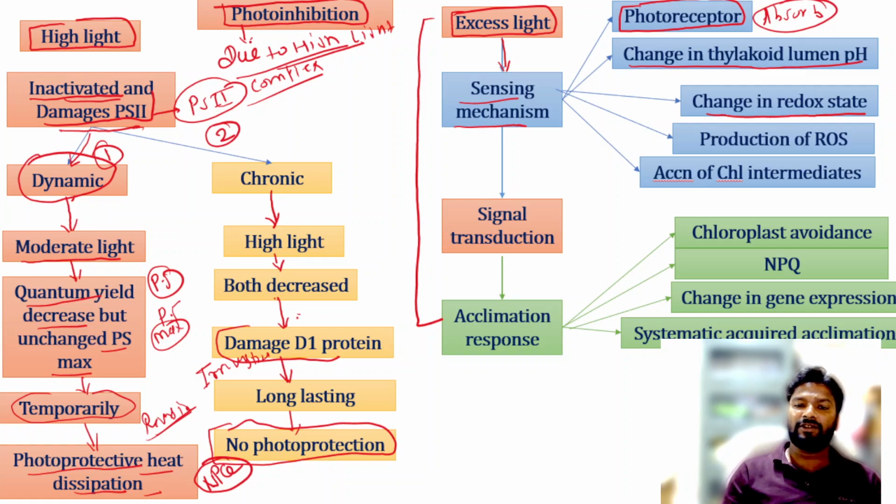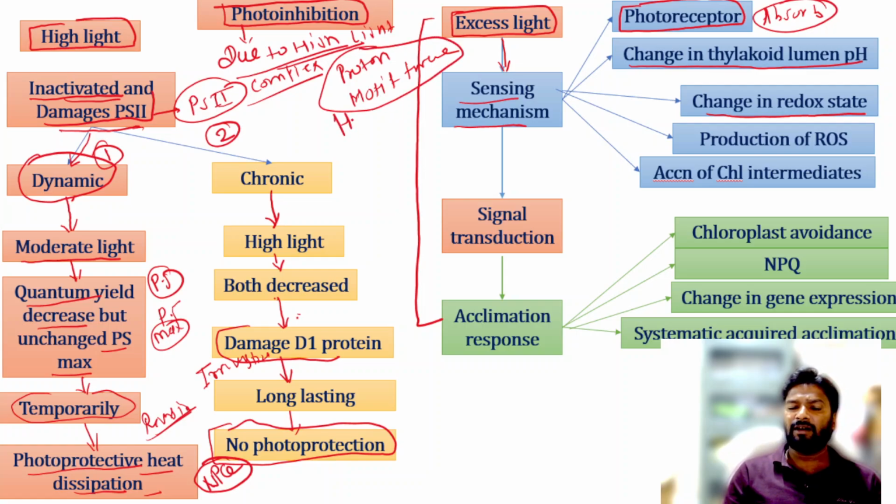Friends, you know that there is a proton motive force. This force is mediated by the proton concentration. But due to excess light, there is a change in the proton concentration and a change in the thylakoid lumen. It also changes the redox status.